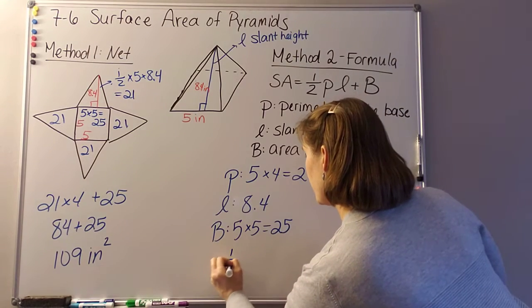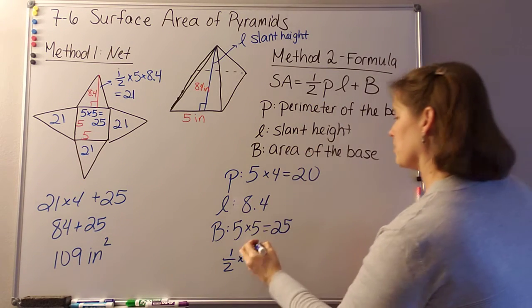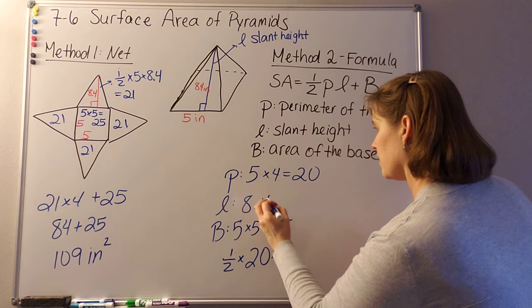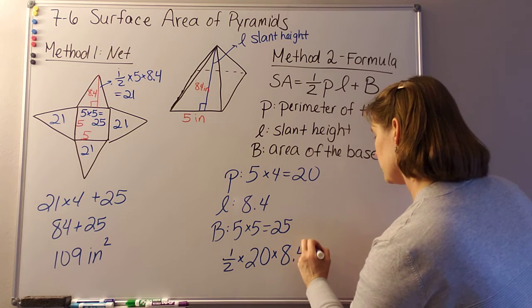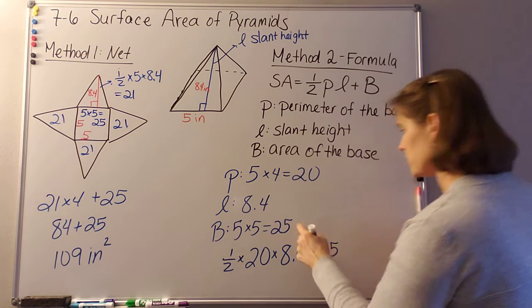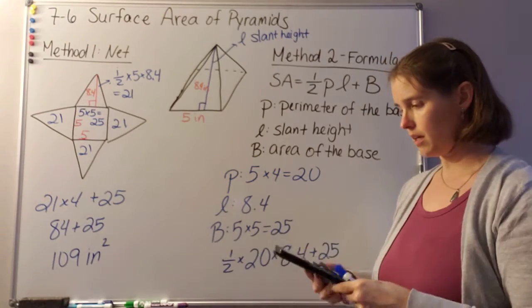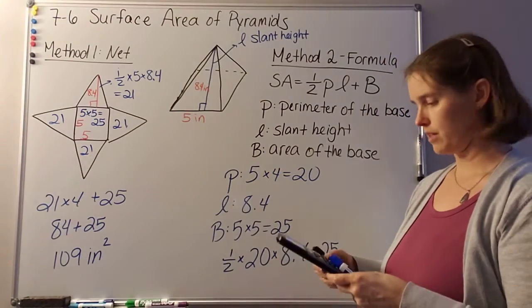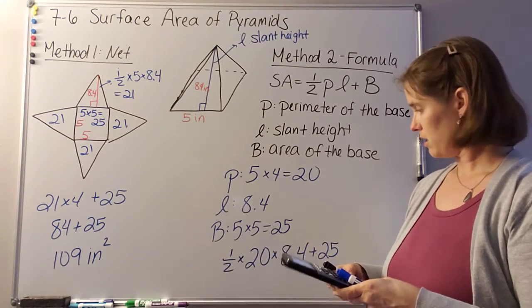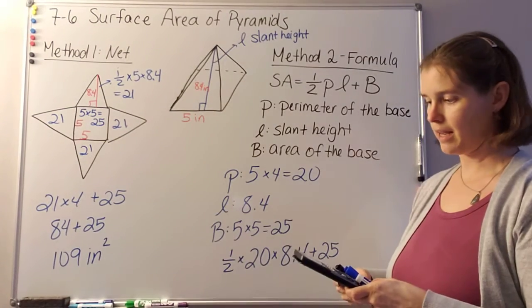So we have 1/2 times the perimeter times the slant height plus the area of the base. Notice this time it's one base because we only have one base in the pyramid. Okay, let's simplify. 1/2 times 20, well, that's 10, times 8.4, well, that's going to be 84.